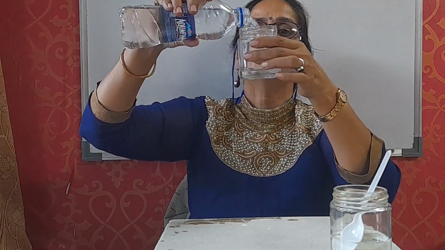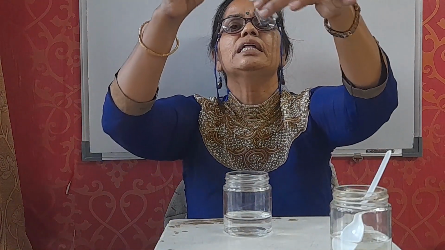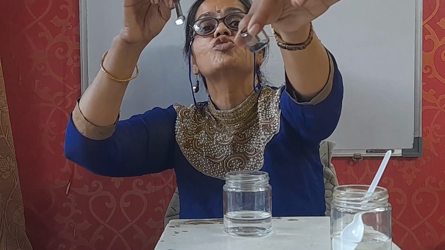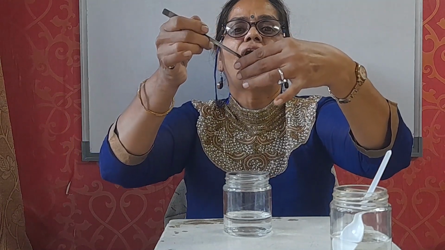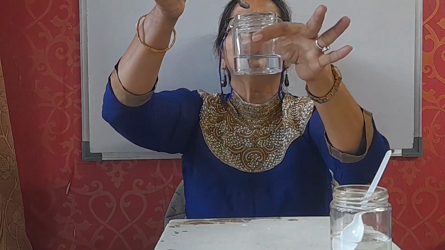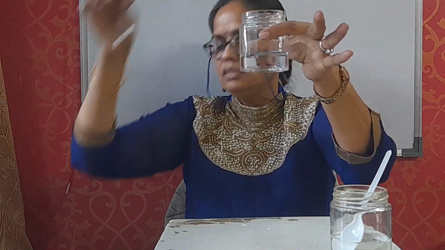I have taken another jar. In that I have poured water. Now potassium permanganate. See, you can see the black color particles, solid substances. I will take a pinch of that and I will just put it in the water. See.